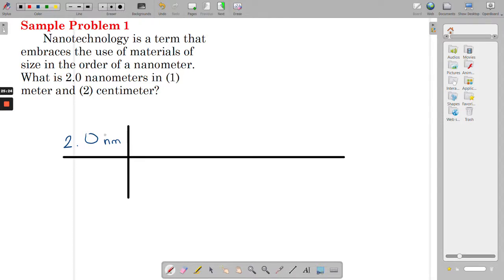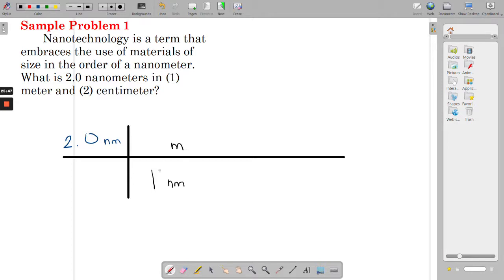So how do I know the conversion? First I have to convert nanometers to meters. So what I do is I put the nanometer in the denominator, and it's usually in the units of 1 nanometer, and what I want is meters, so I put the meter in the numerator.